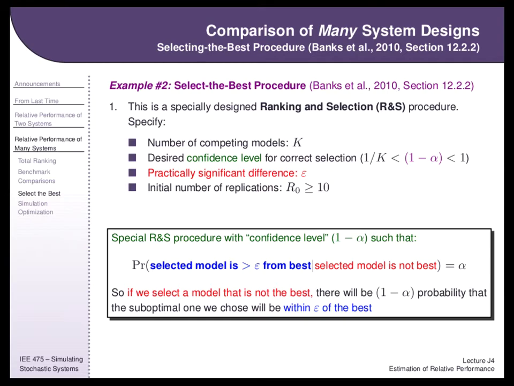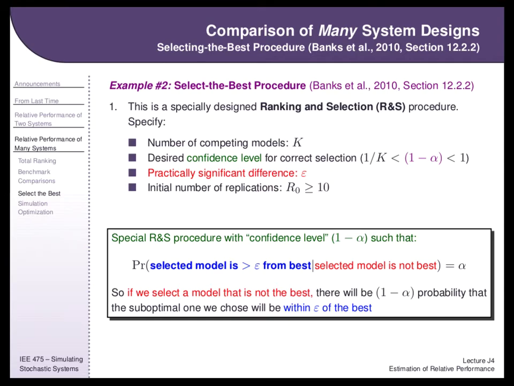I define a practical significance, which is kind of like my effect size. I say that I don't care about systems that differ by less than this amount. And then I say I want to run no more than 10 replications on my pilot study. I'm willing to run a few more replications to discriminate, but at least initially I only have enough computational budget for these 10.